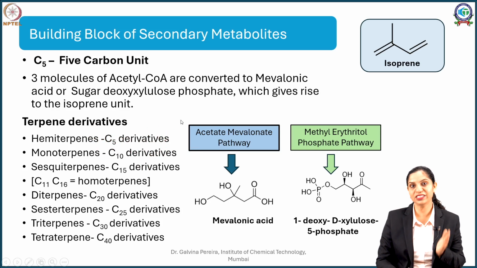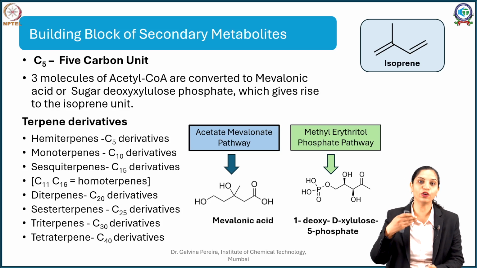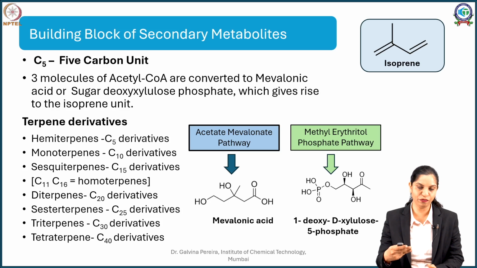If C5 is half, the full one is called a monoterpene, and it will be twice, so C10 derivatives are called monoterpenes. Now adding 5 to each of them, you get C15, which is the next building block, called sesquiterpenes. So you have your hemiterpenes, which is C5, your monoterpenes, which is C10, then C15, which is your sesquiterpenes.